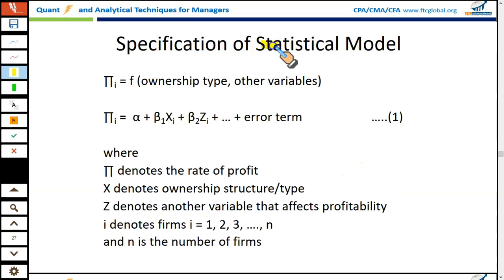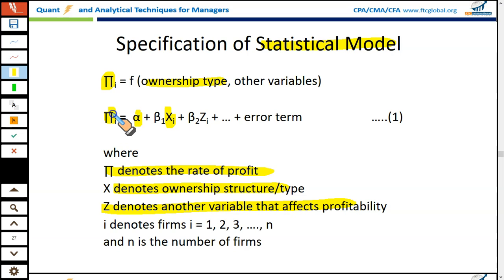So this represents our statistical model. This represents rate of profit. X here represents ownership structure, now private sector. Alpha is the fixed coefficient. Then here Z denotes other variables that affect profitability.